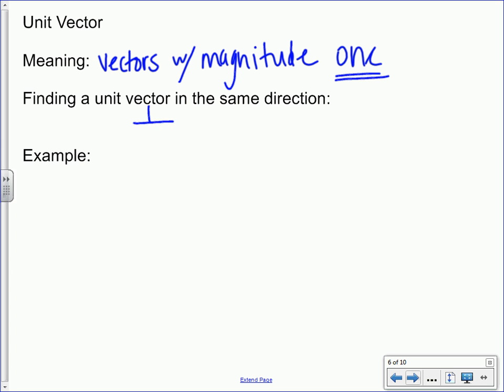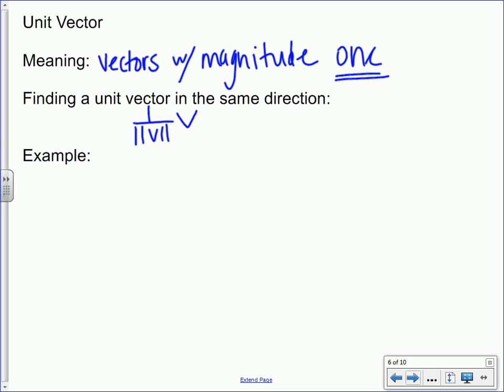We can take 1 over the magnitude of our vector and multiply it to our vector, and then we will have a unit vector in the same direction as v. If you remember back to vectors, as long as our vectors are scalar multiples of each other, then they are parallel.